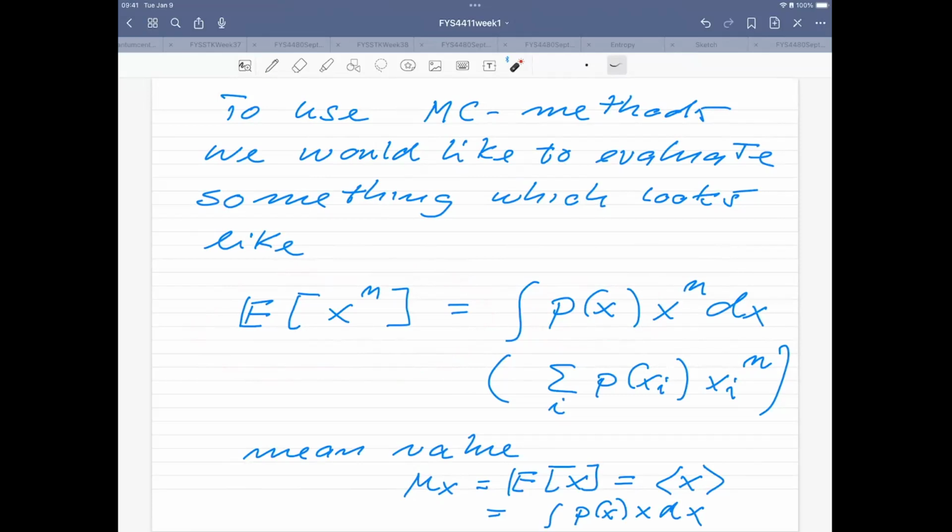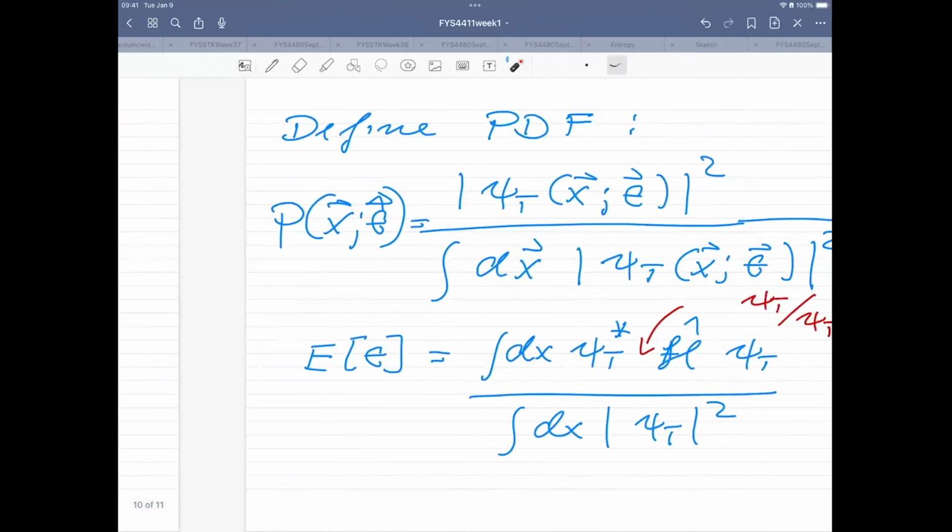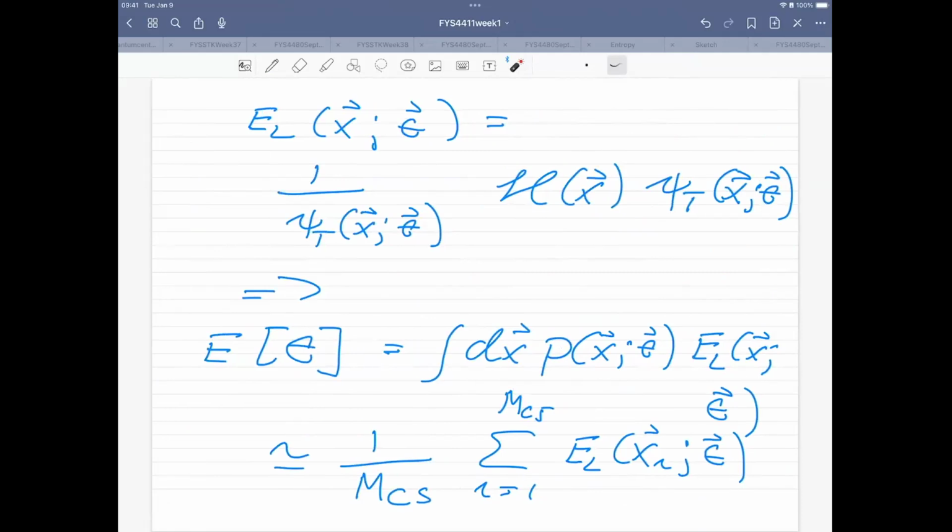What you're saying then, if you look at the factor 1 over M, which you have here, is that every possibility has the same probability of being implemented. So that means that if you have 1,000 samples, every one has a probability 1 divided by 1,000 of being picked.